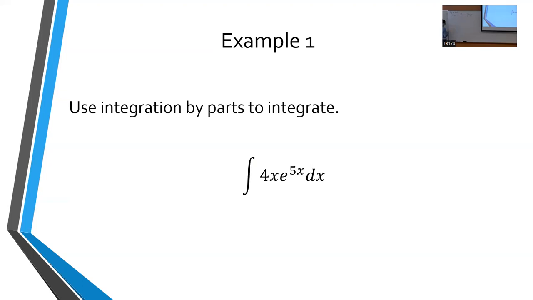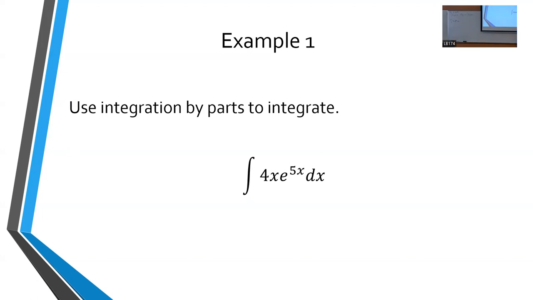So let's do this example. We want to integrate 4x times e to the 5x with respect to x. Now, you can just take my word, if you try to use substitution, it's not going to make things better. All right?